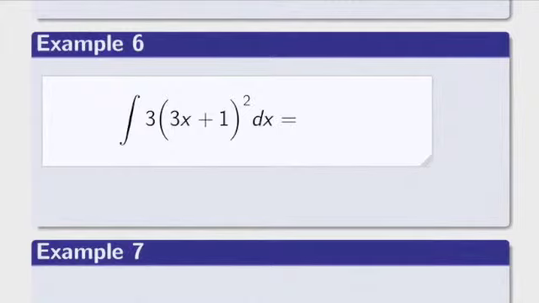So here we see a product, 3 multiplied by a term in the bracket squared.